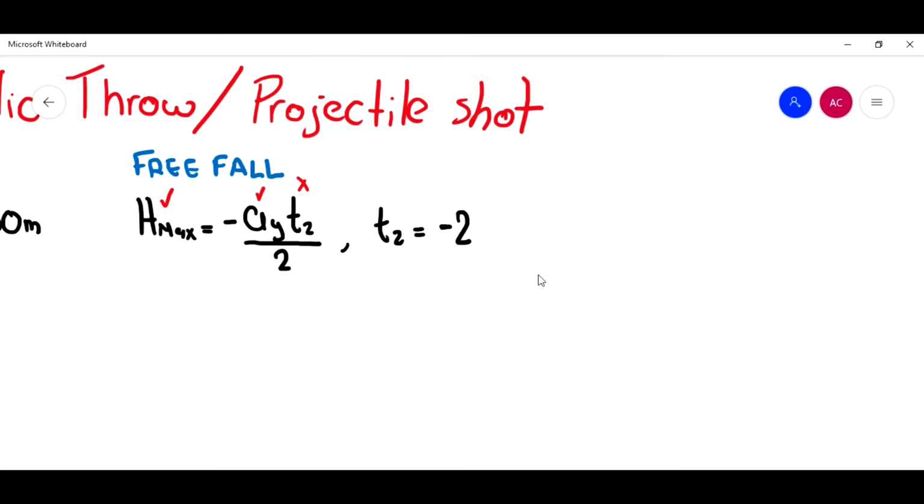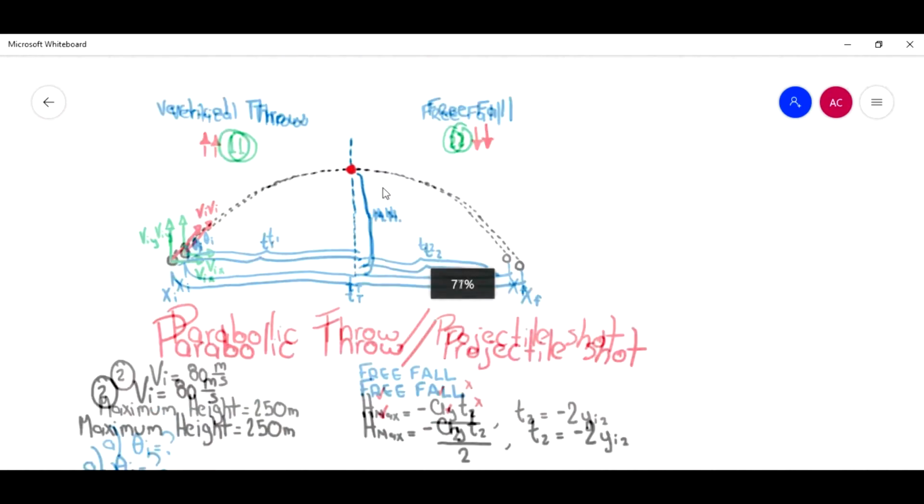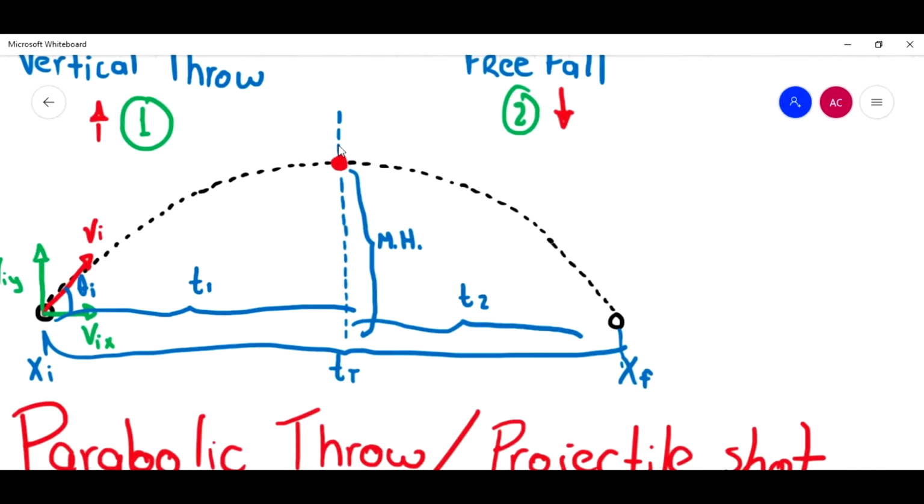Now if you remember the maximum height from free fall, the letter is the initial position of segment 2, because in segment 2, this segment over here, the motion begins over here, okay. This is where the motion begins, and this is the initial position of segment number 2, that is the maximum height.